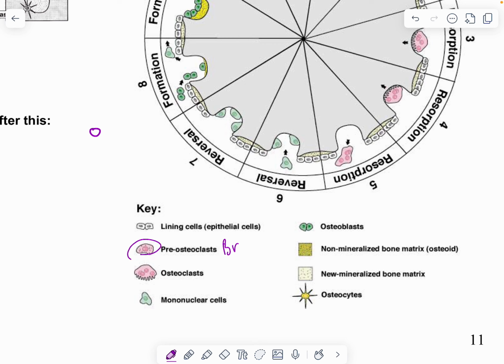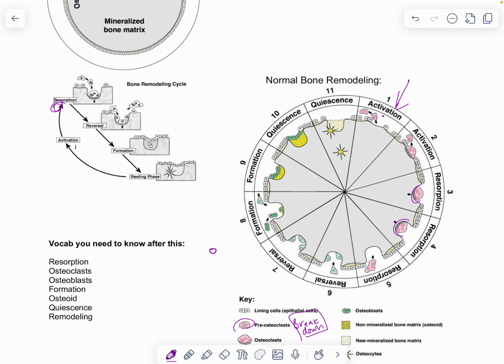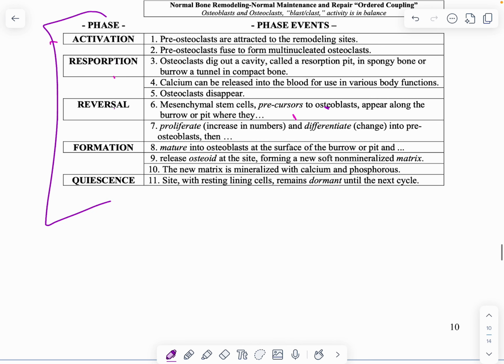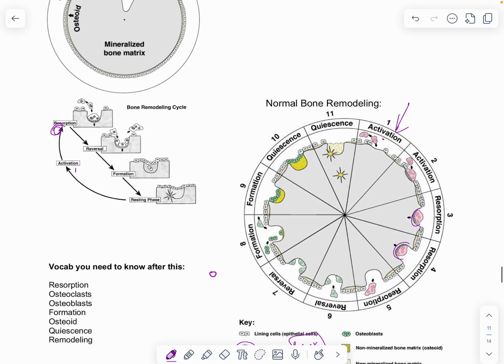And remember, those break down bone. So not build, they break down bone. What they're going to do is release a little acid, and look what happens. This is called a resorption pit. That sounds kind of weird, but that's what it is. If you go back and take a look up here, we dig out a cavity called a resorption pit. So we're going to dig it out.